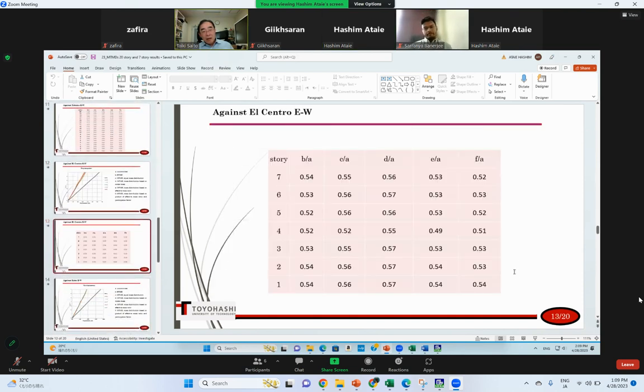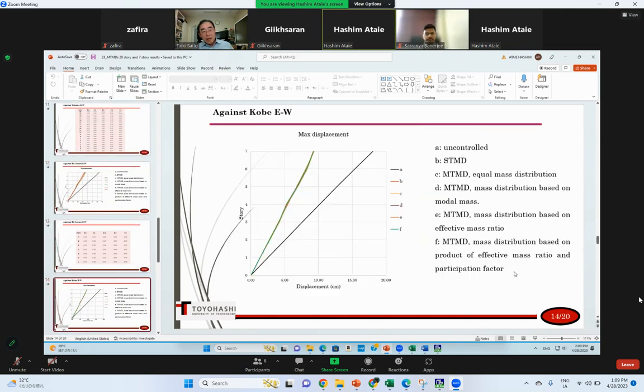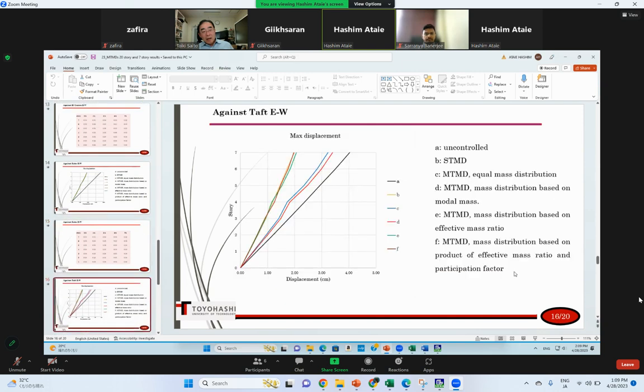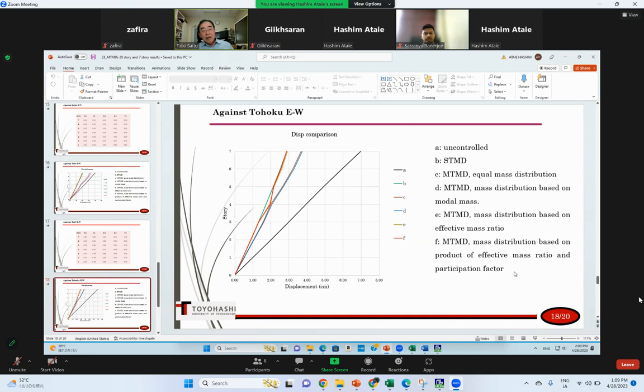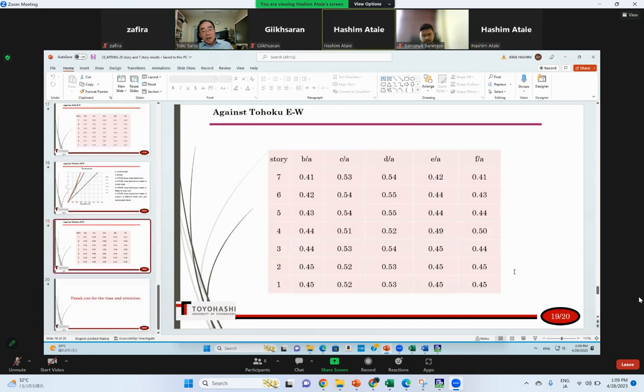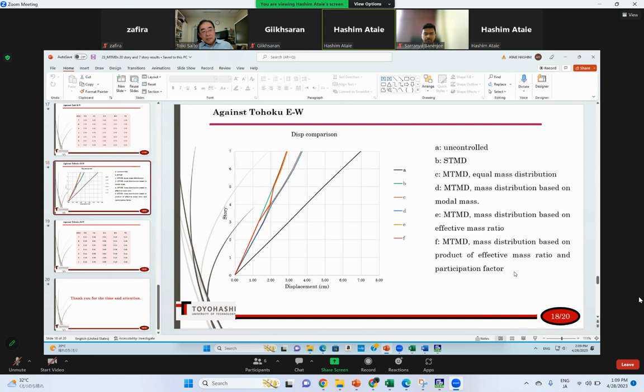It can be seen in the time history as well. Although the difference in the time history is not too much, all of them are about equal, but the difference is about 1%, 2%, or up to 3%. Okay.